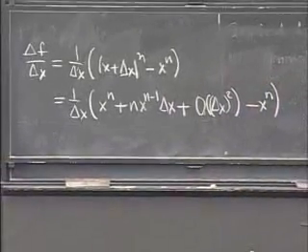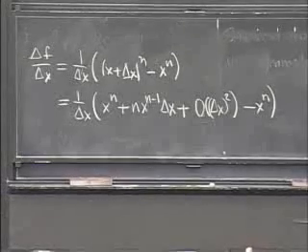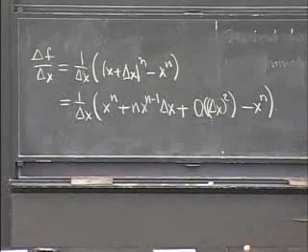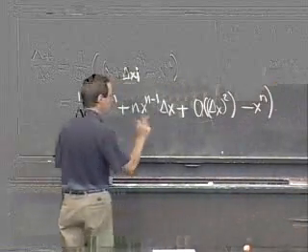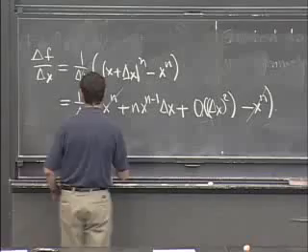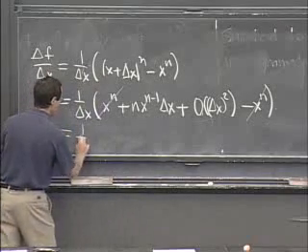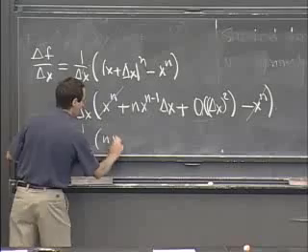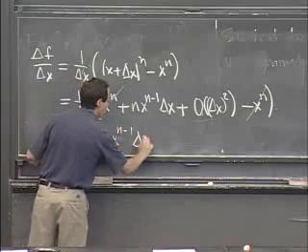All right, so that's what we have so far based on our previous calculations. Now I'm going to do the main cancellation, which is this. All right, so that's 1 over delta x times n x to the n minus 1 delta x plus this term here.